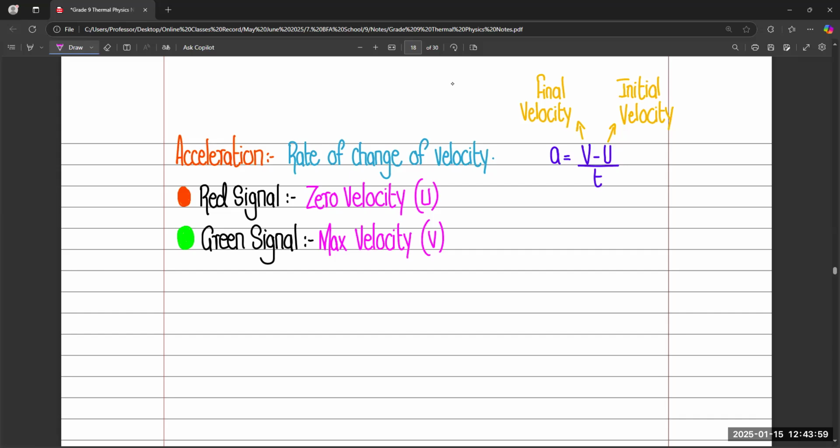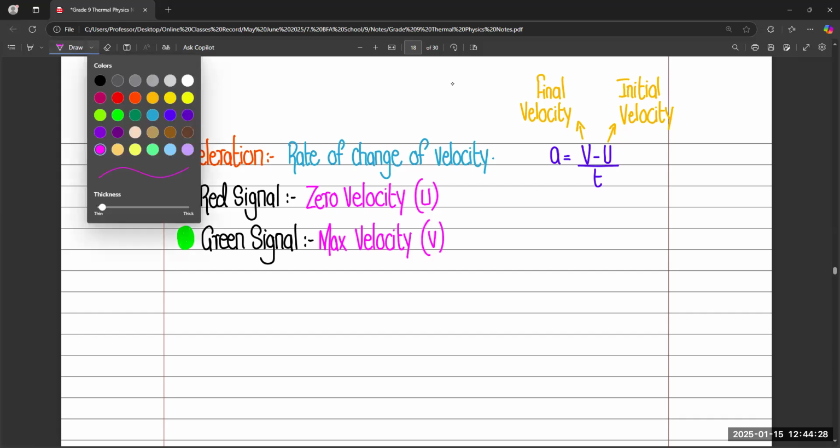And this process can also be in the reverse form. For example, if the car is already moving and now the signal turns red, definitely the car needs to apply brake and needs to be stopped, right? Then the initial velocity of the car is greater, but the final velocity will be zero.